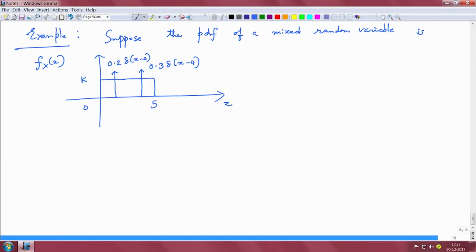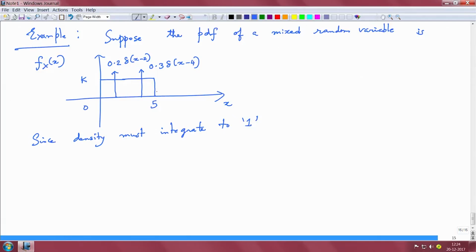Now, under any circumstance, the density must integrate to 1, right. So, let us look at the integration here.